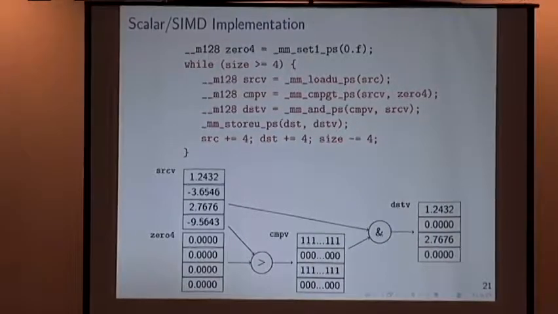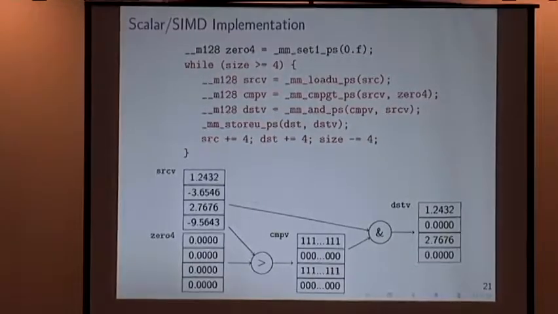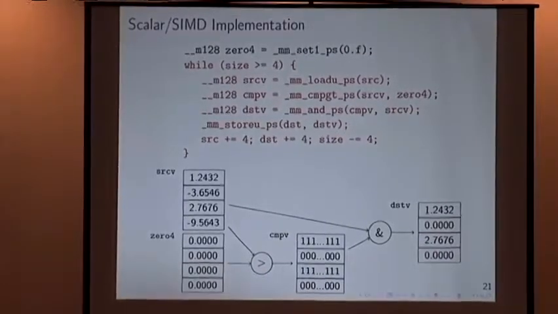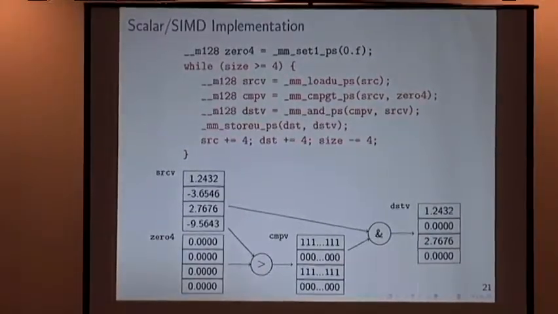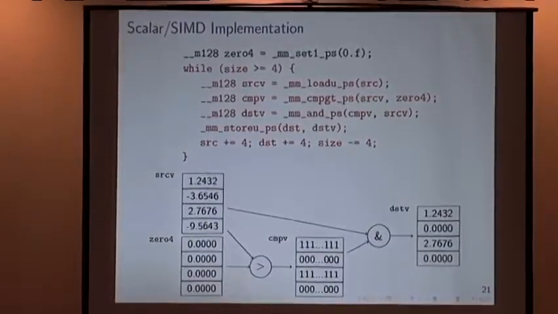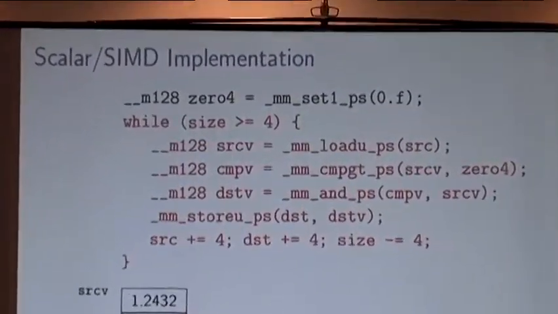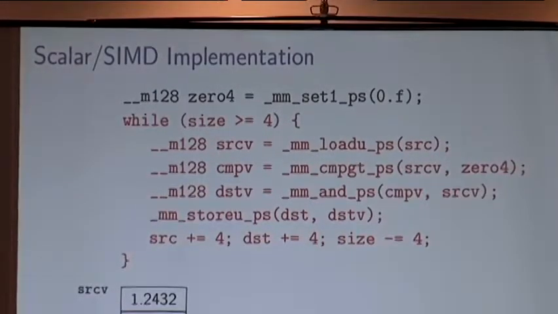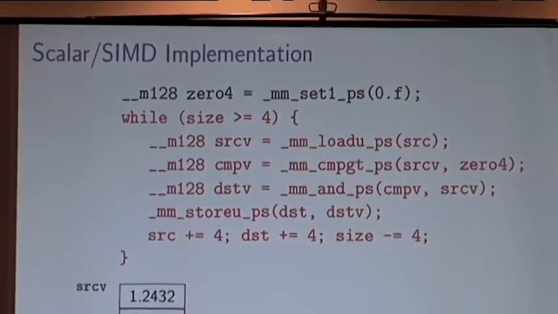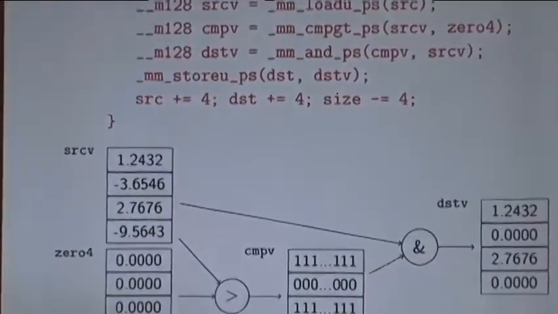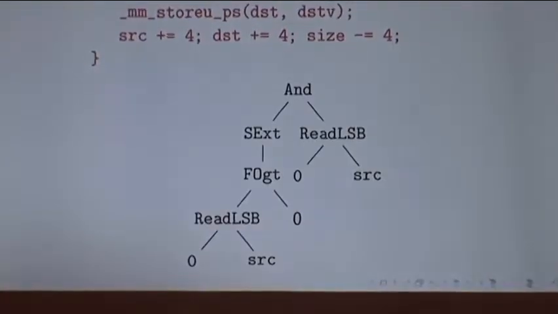And so we just do a bitwise AND of the original source vector with the comparison vector to produce a destination vector which has all the non-positive numbers replaced with zeros, which is also the floating point representation of positive 0.